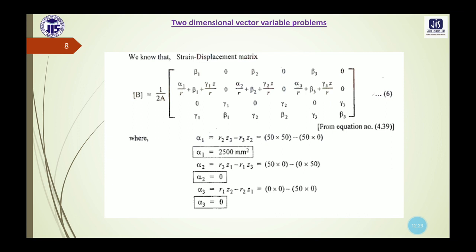The formula of alpha 1 is R2Z3 minus R3Z2. All these values of R2, Z2, then R3, Z3, are given in this diagram. So we need to put those values of the coordinates corresponding to node 2 and node 3, and finally we can calculate the value of alpha 1, which is coming as 2500 millimeter square.